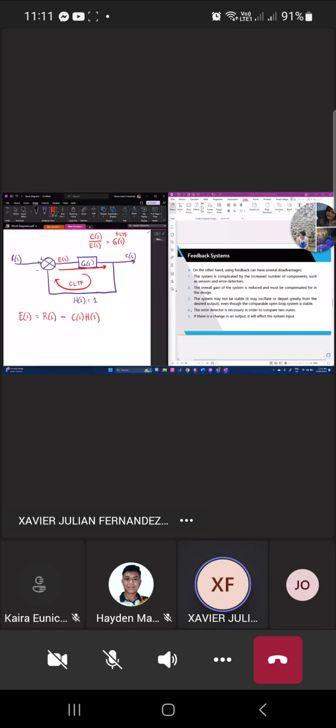And you do that through sensors and error detectors. The sensors are your feedback system, because you have to sense the output. Your error detector is your summer. There are a lot of comparator circuits or implementations.